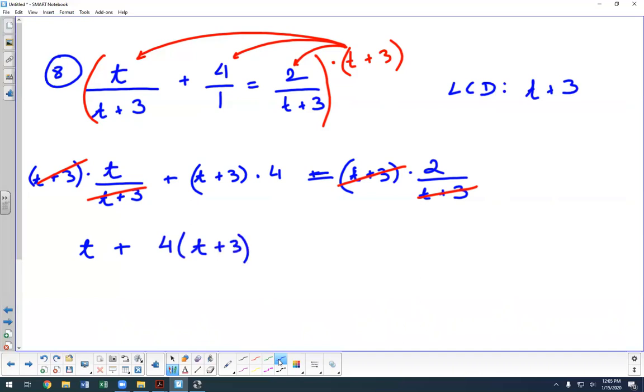If you guys want to distribute at this stage and then write the answer, that's fine. On the other side of the equal sign, again, our t plus 3 cancels out, so it just left us behind with that 2 from the numerator. Now, I'm ready to distribute this 4 inside my parentheses. So t plus 4 times t is 4t, plus 4 times 3 is 12, equals 2.